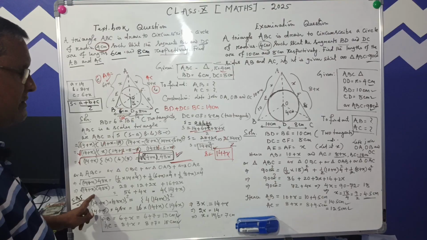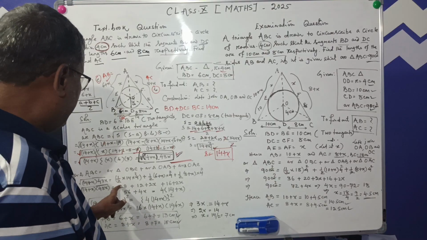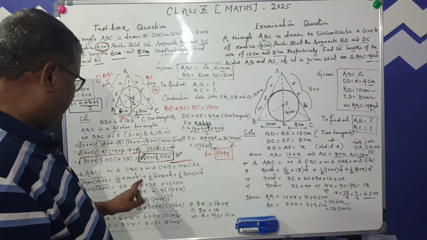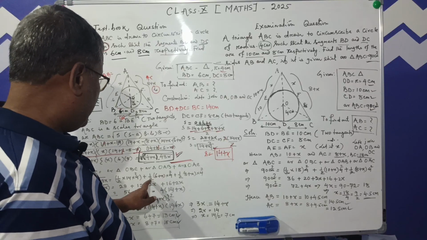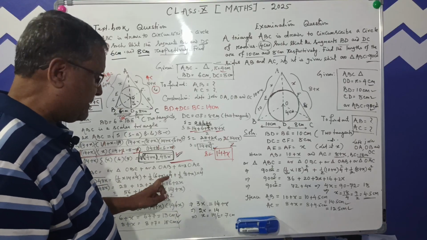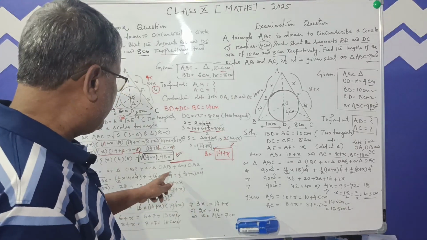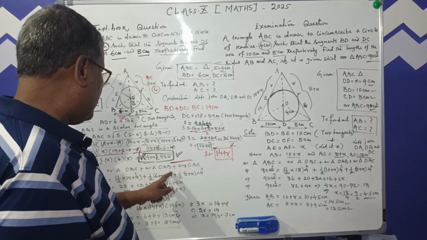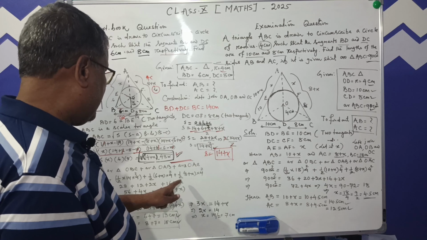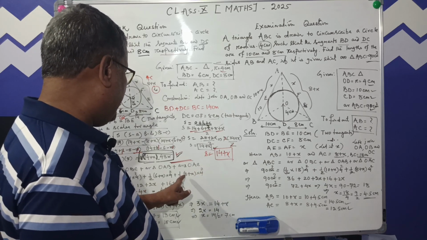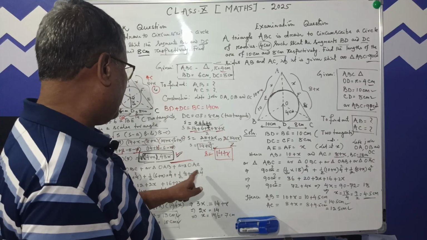The 2s cancel, 14 into 2 is 28. Here 2 is multiplied with each term within the bracket: 2 into 6 is 12 plus 2x, plus 2 into 8 is 16 plus 2x.